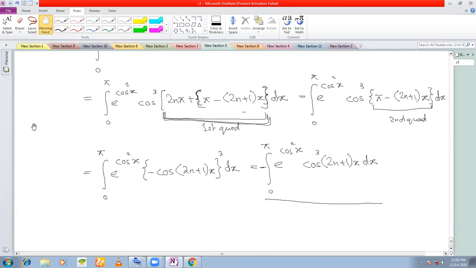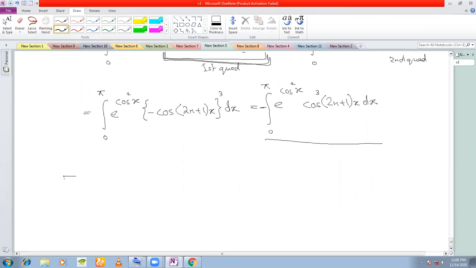That means I is equal to minus I. That means I plus I is equal to 0. That means 2I is equal to 0. That means I must be equal to 0.